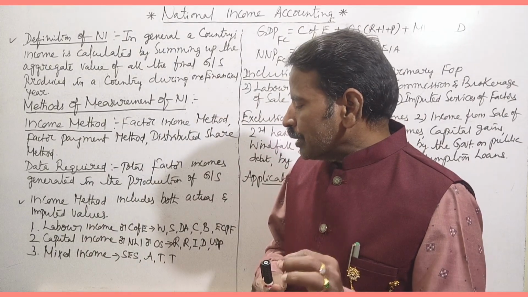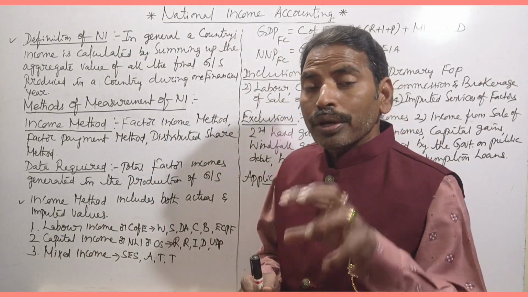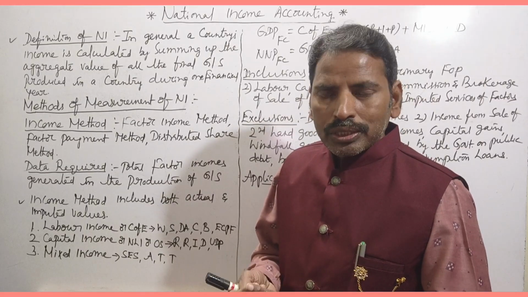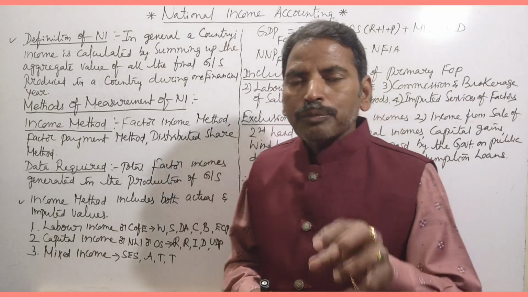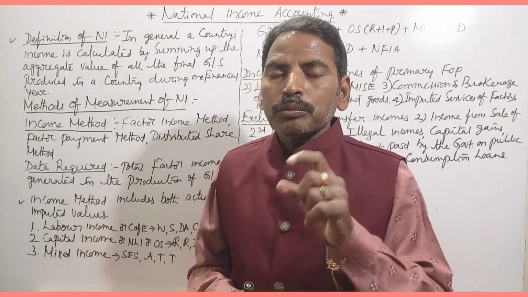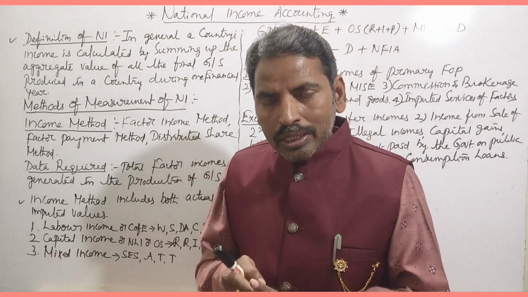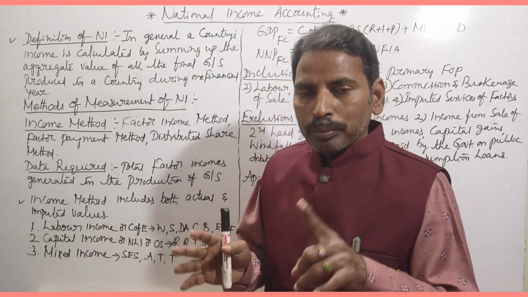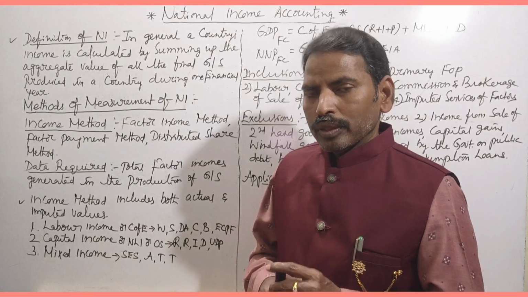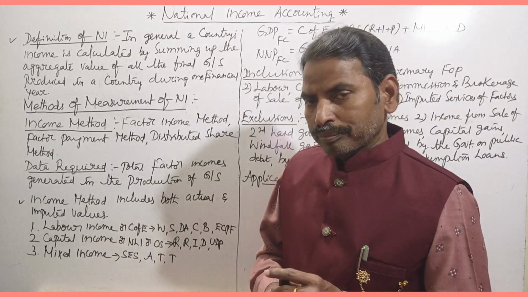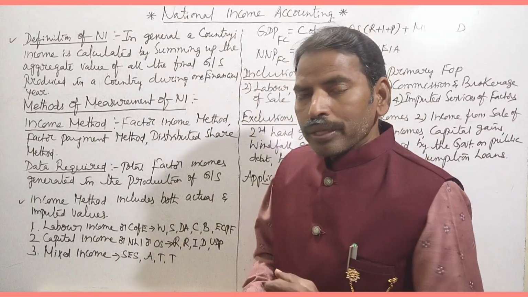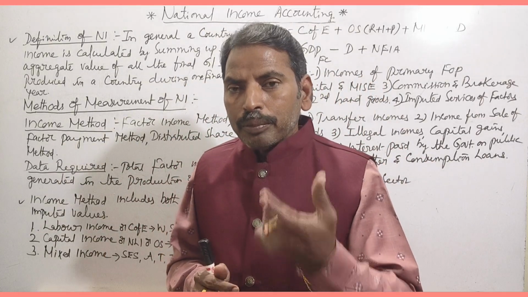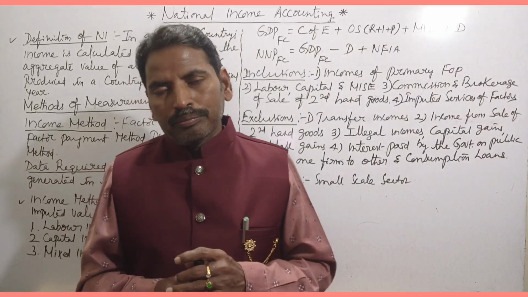Mixed income includes self-employed services, traders, engineers, doctors, etc., and subsistence production and small commodity production in agriculture, trade, transport, particularly in developing countries like India. So these are the three types of income: labor income, capital income, and mixed income.